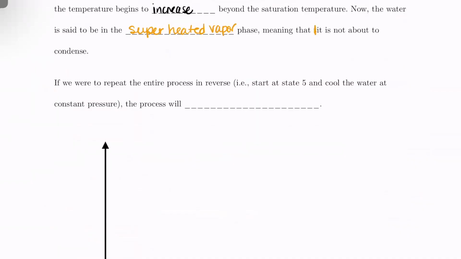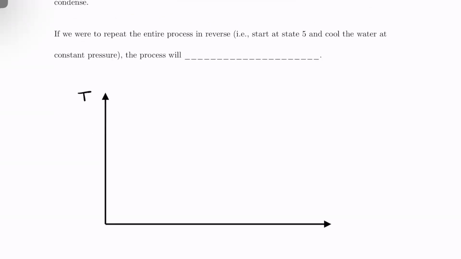It's helpful to look at this on a curve or on a plot, which is called a PV diagram. I'm going to put temperature on this axis, and then I have specific volume, which is of course the total volume divided by mass, on this axis.